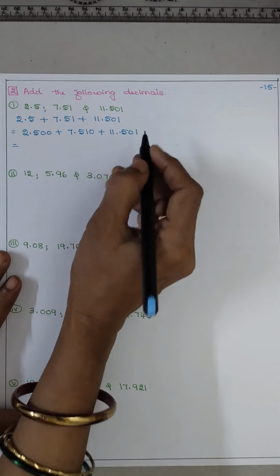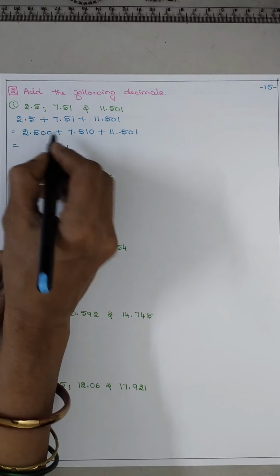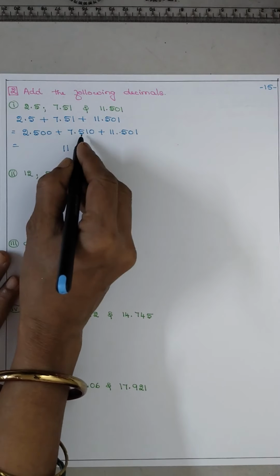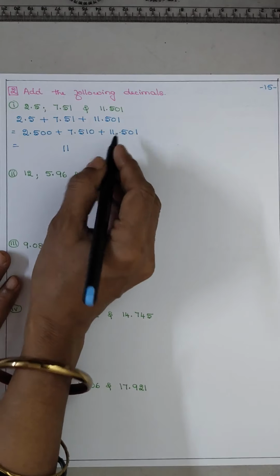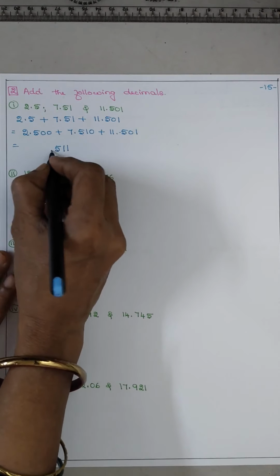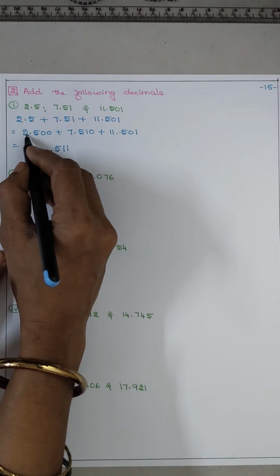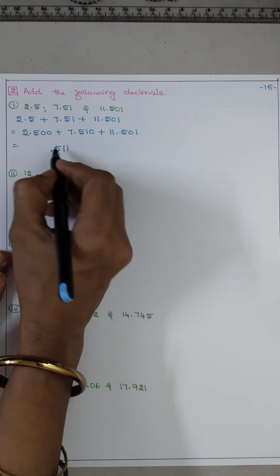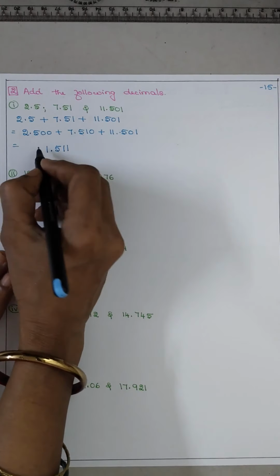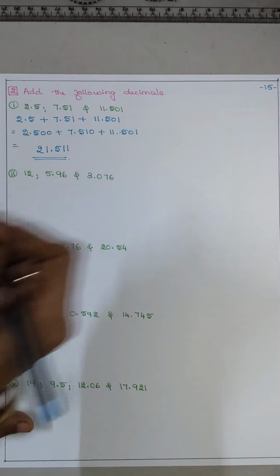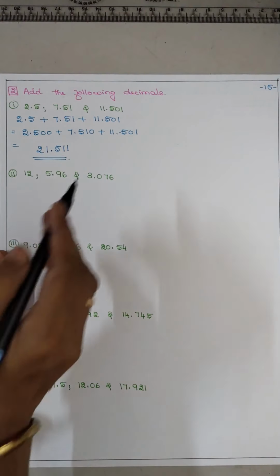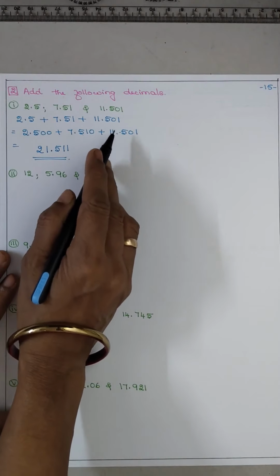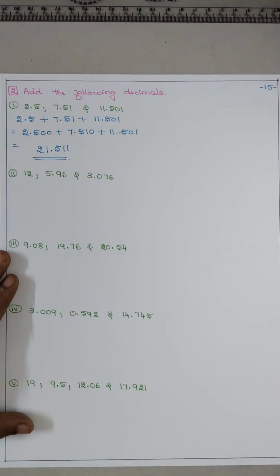Adding: 0, 0, 1 is 1; 0, 1, 0 is 1; 0, 1, 5, 5, 5, 5 3s are 15; and so on. So you have to start from the third decimal, second decimal, first decimal, ones, tens, hundreds, like that.